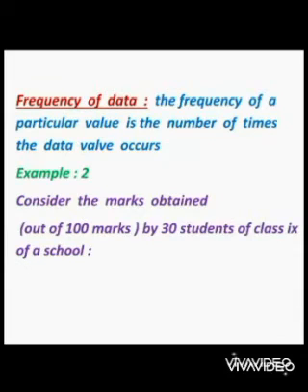So children, we have taken only 10 observations here, like 55, 36 and so on. Suppose the number of observations in the data is very large, then presenting the data in ascending or descending order will be quite difficult, isn't it, children?